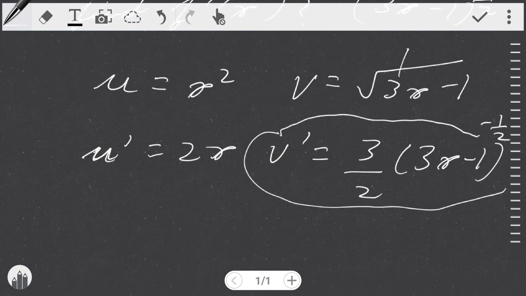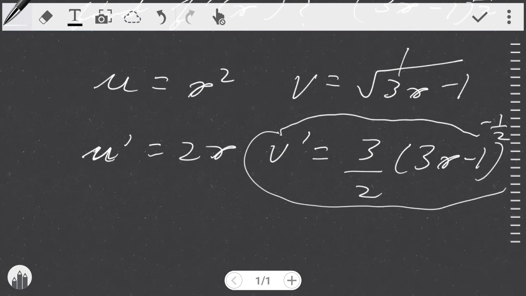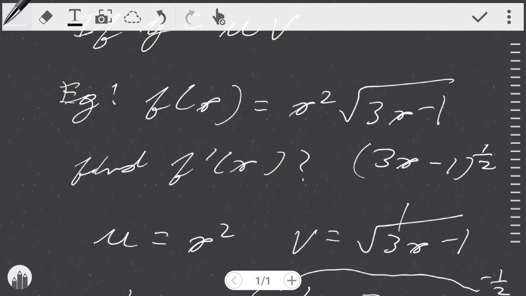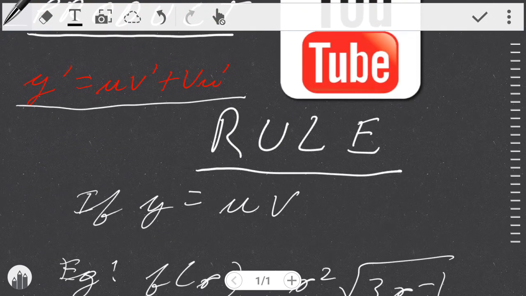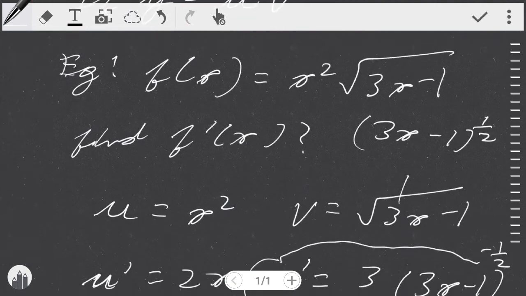Now that we found our u, v, u dash and v dash, all you need to do is simply substitute the figures into this formula.